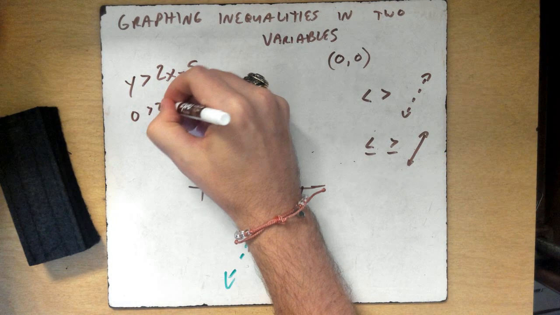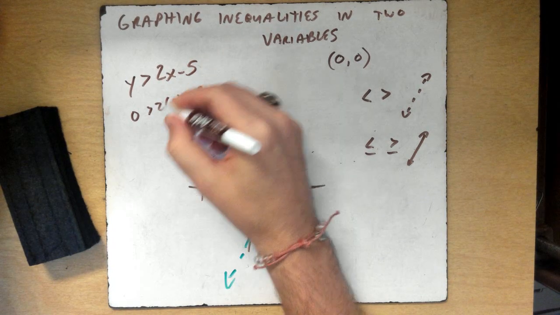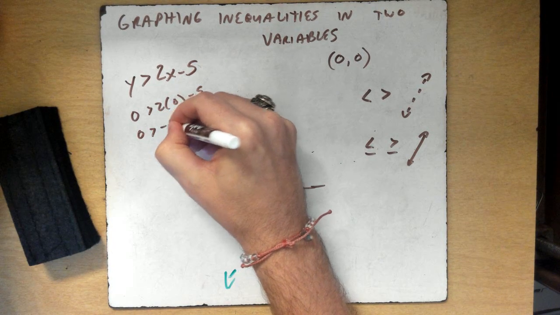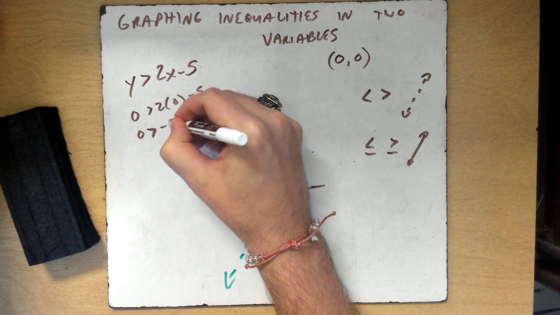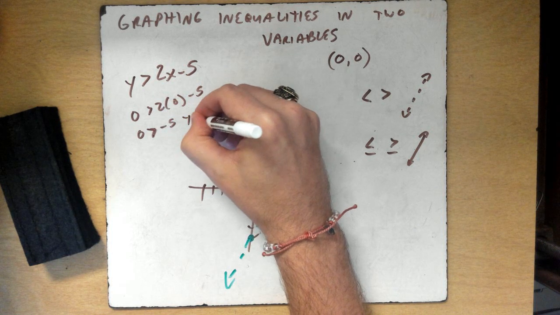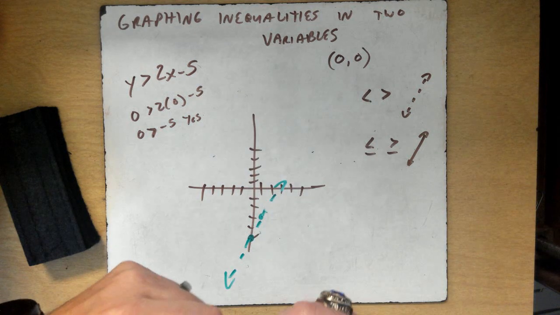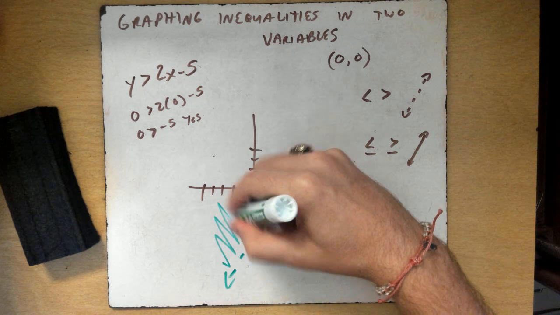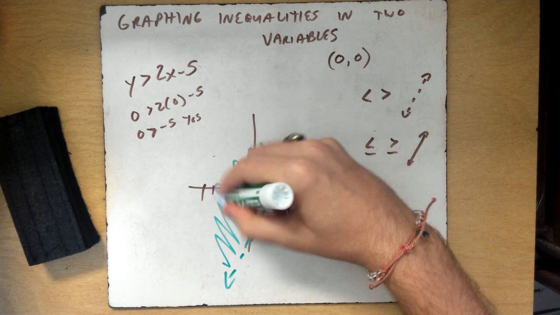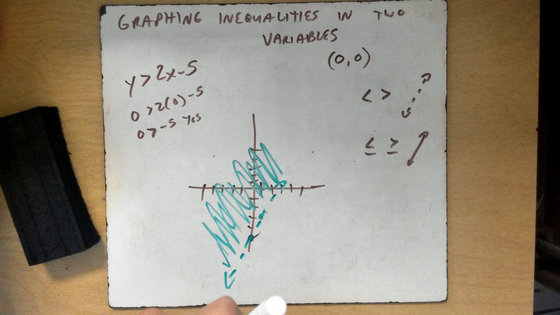So 0, and once again, that minus 5 comes down. So is 0 greater than negative 5? Yes, it is. So it's yes. Now I shade towards my point there. Okay? And that's graphing inequalities in two variables.